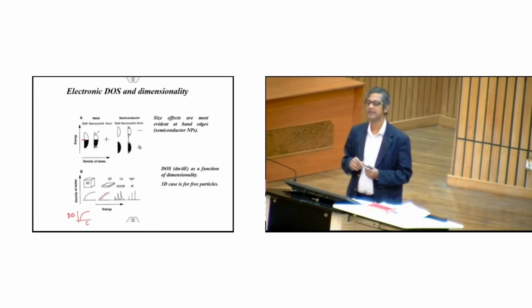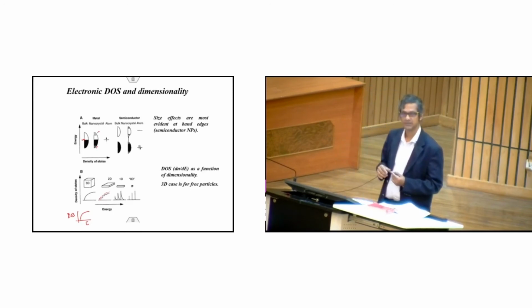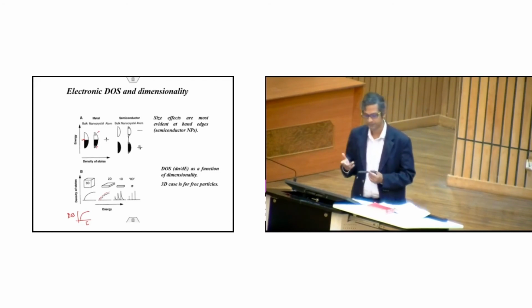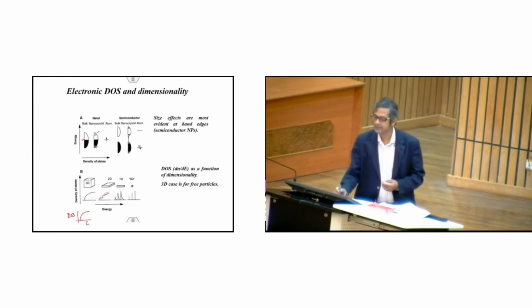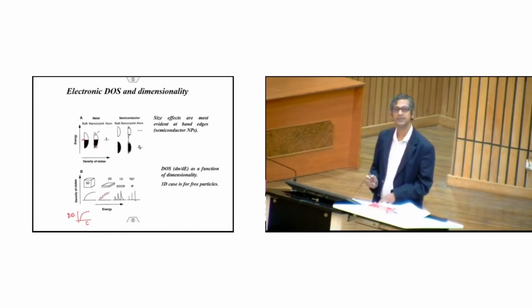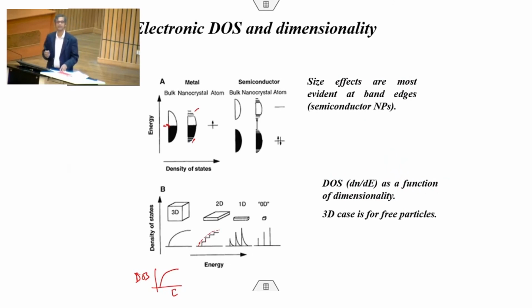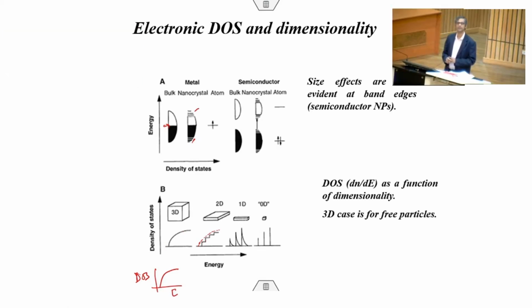That is what is known as the effect of dimensionality. Now, if you do a 1D, further discretization will happen, and in 0D it will be discrete levels. This discretization of the continuous spectrum is what is known as quantum confinement.